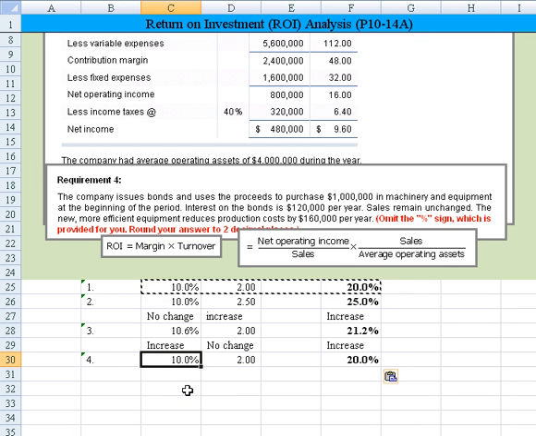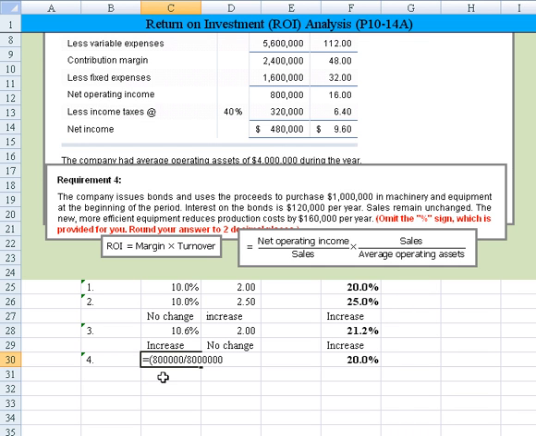4 says the company issues bonds and uses the proceeds to purchase $1 million in machinery and equipment at the beginning of the period. Interest on the bonds is $120,000 per year, and sales remain unchanged. The new, more efficient equipment reduces production costs by $160,000 per year. First off, the $8 million doesn't change, but we do get a change in operating income.